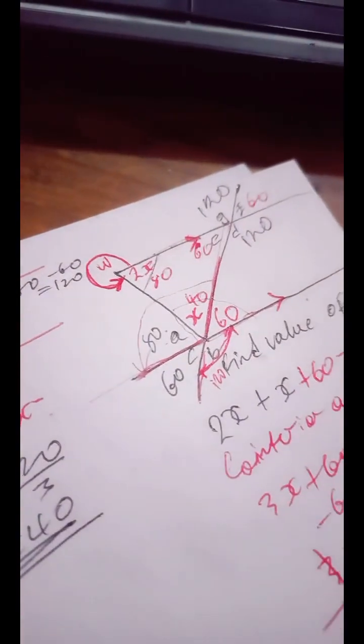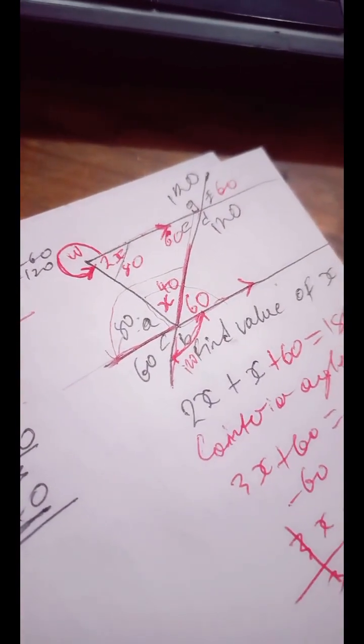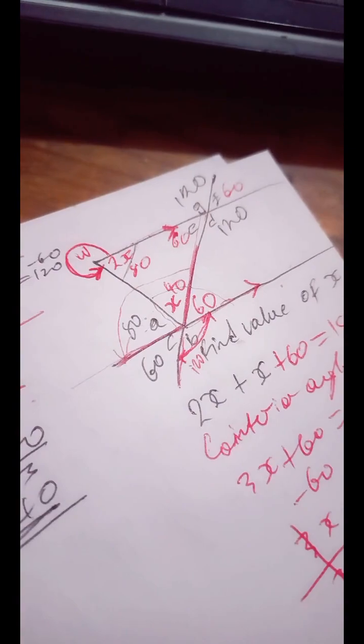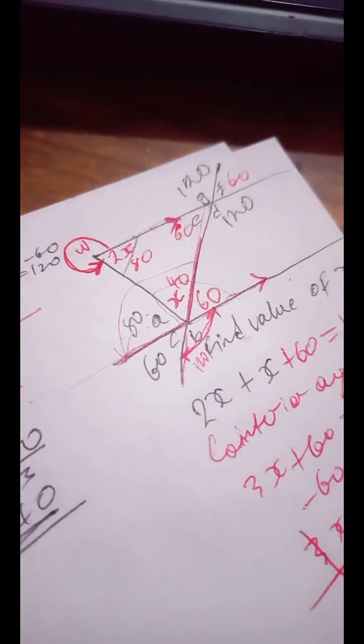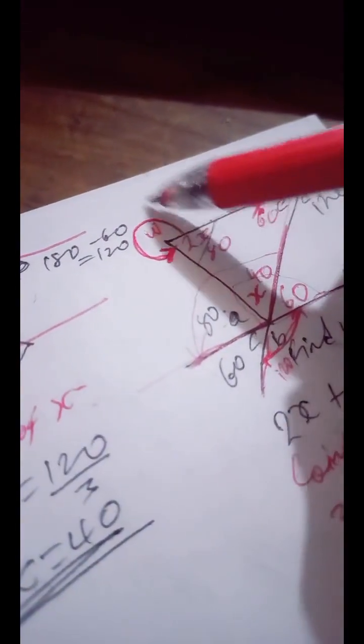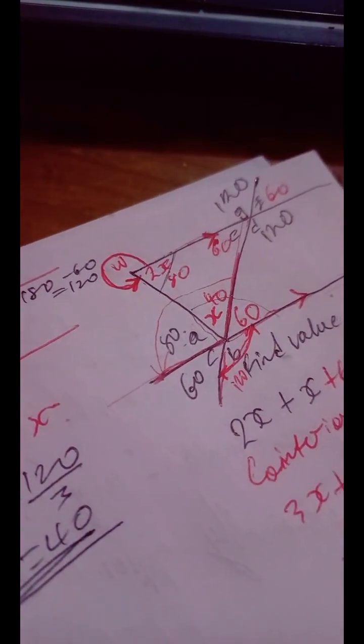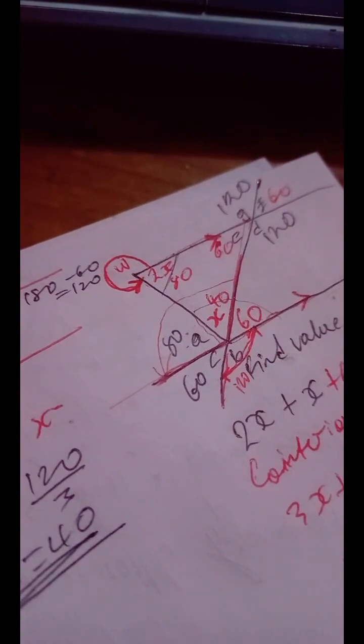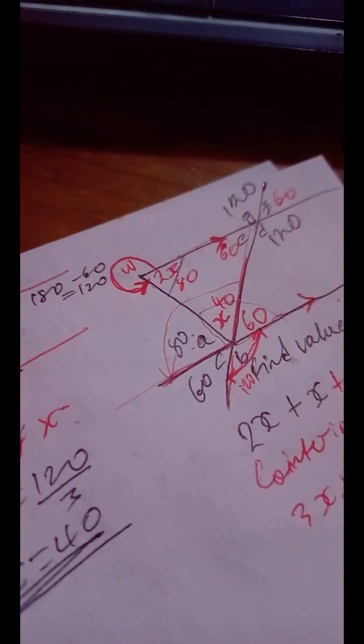Right. Is it a revolution? Yes. W is part of a revolution, guys. You can see it alone. It's starting here and it's ending on this line. You see? It's not 360. 280.